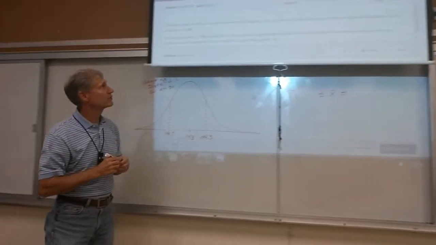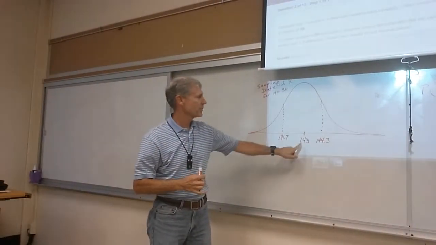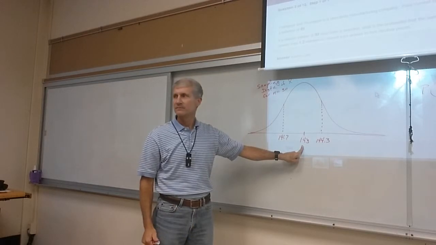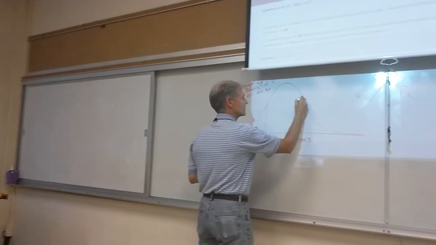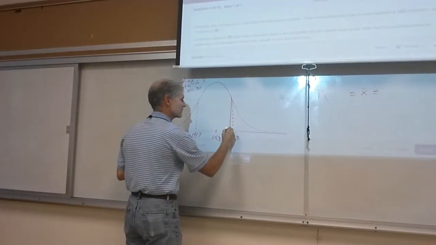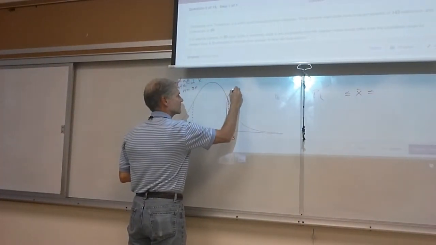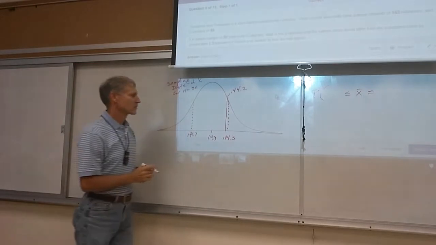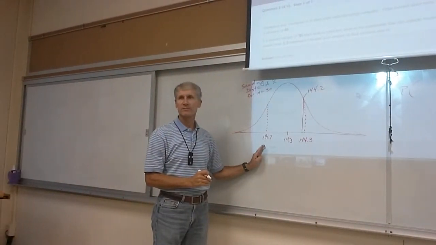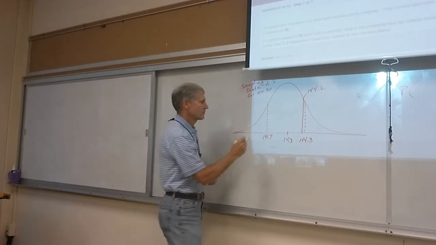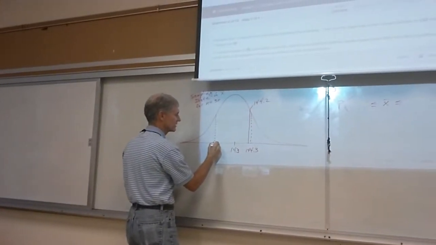What's 1.2 millimeters from the mean? 144.2 is 1.2 bigger than the mean. What's 1.2 less than the mean? 141.8.